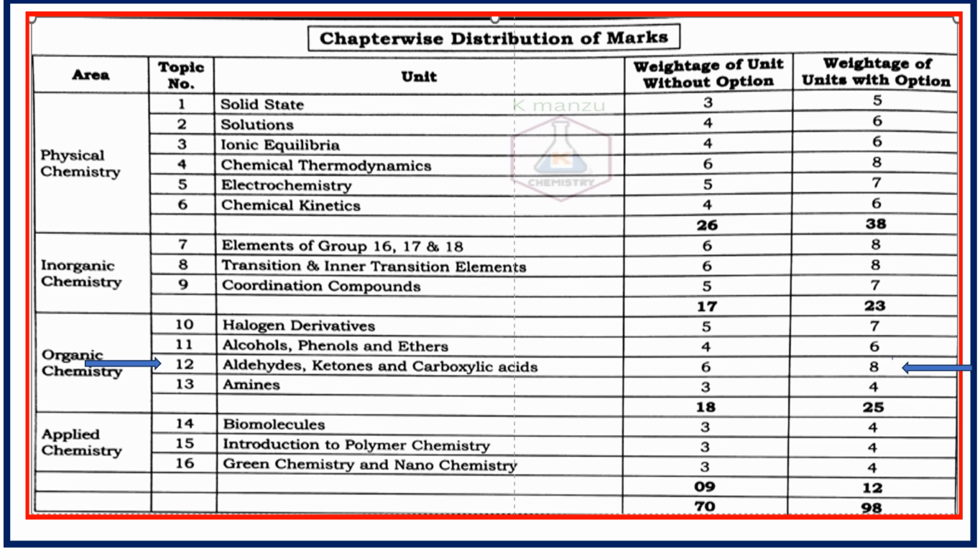With option you will find this chapter is there for 8 marks, without option 6 marks. The next chapter that we are going to see today is green chemistry and nanochemistry. With option the weightage given is 4 marks and without option you have to attempt 3 marks.